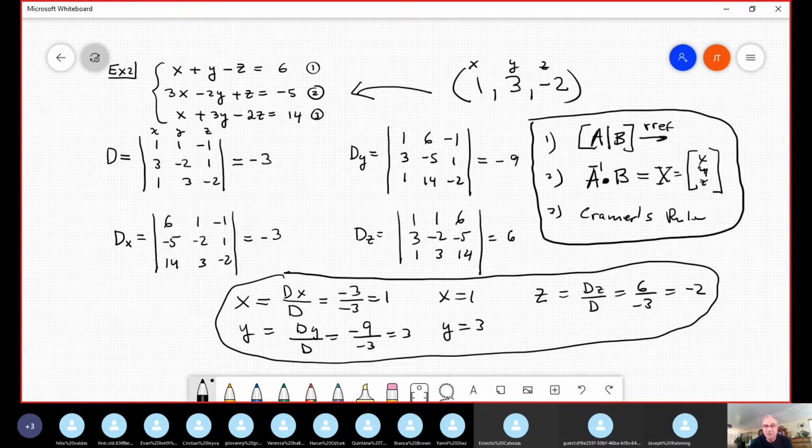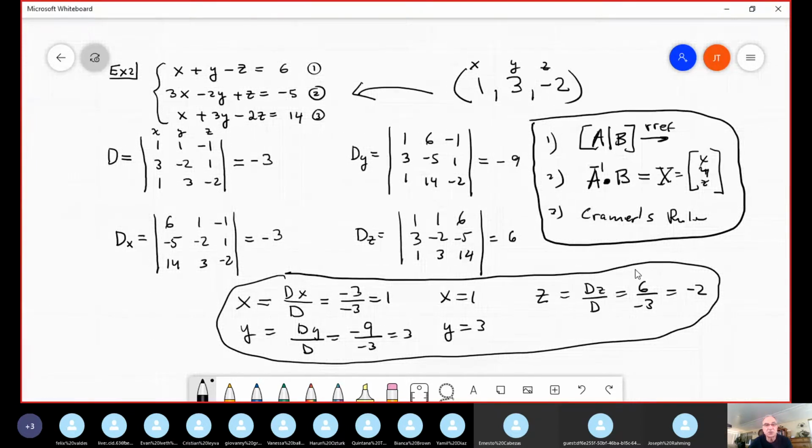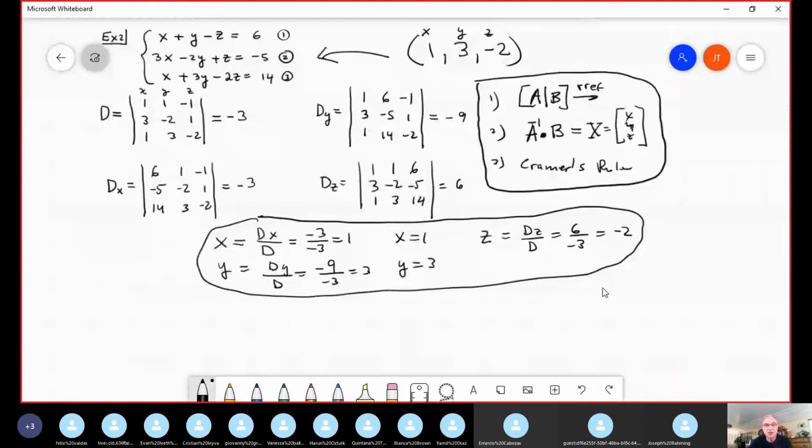Disadvantage of Kramer. Disadvantage. I know a lot of smart, professional people like Kramer Rule. Okay, engineer, I know. However, what are the disadvantages? Suppose when you compute D, the answer is 0. Ooh, what the hell?